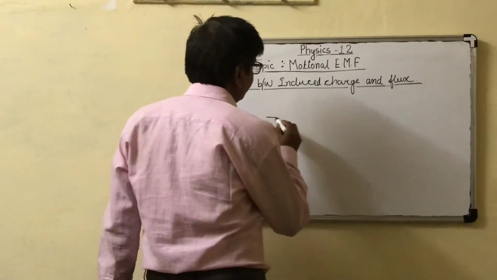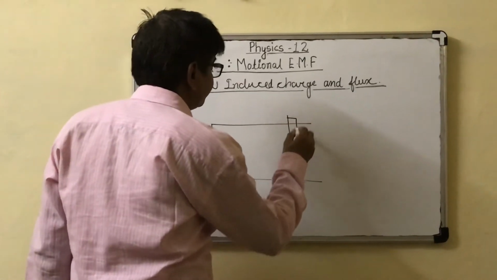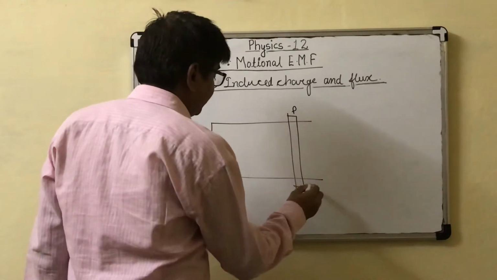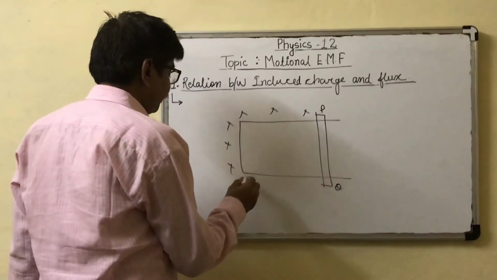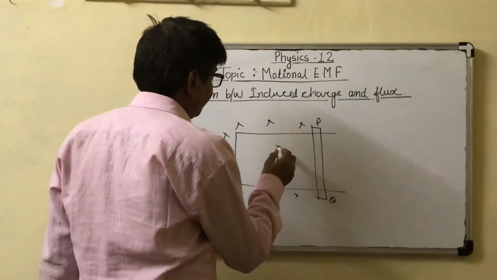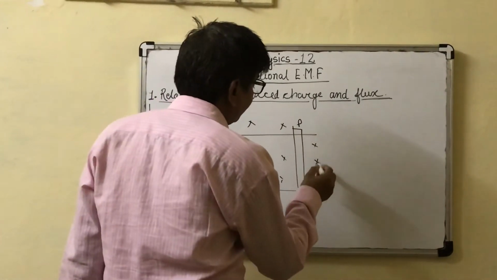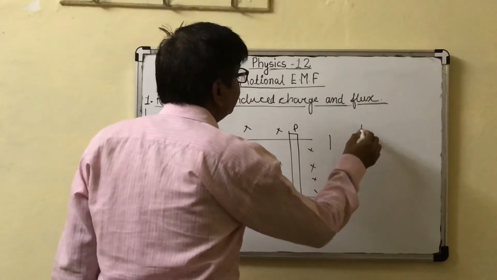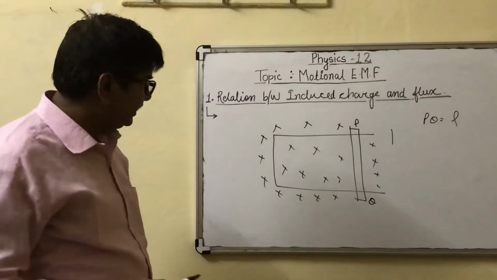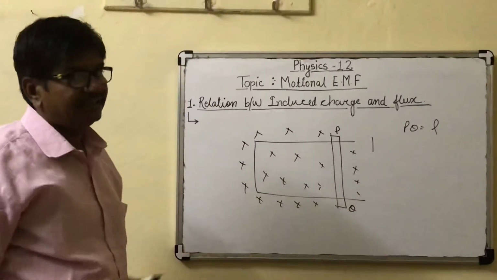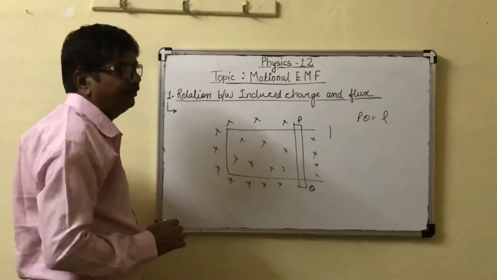Suppose PQ is a conductor placed in a uniform magnetic field B, having length L, PQ equal to L. This conductor is placed in a U-shaped rail situated in a uniform magnetic field B.